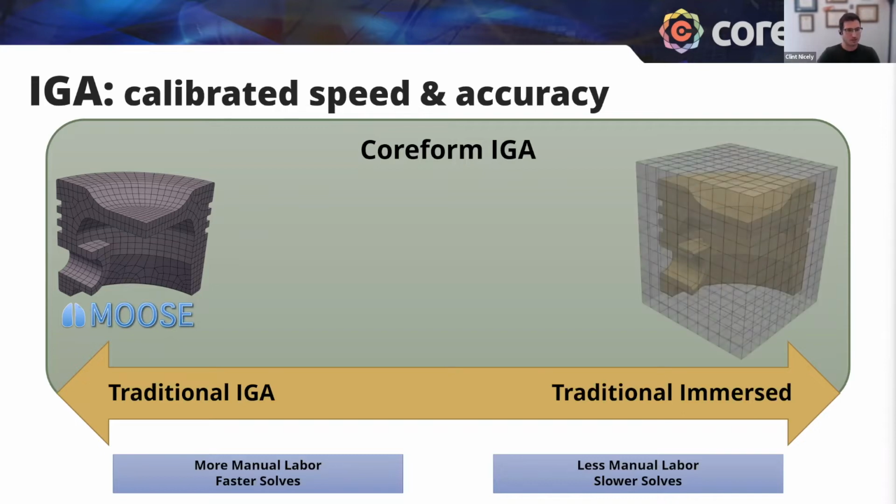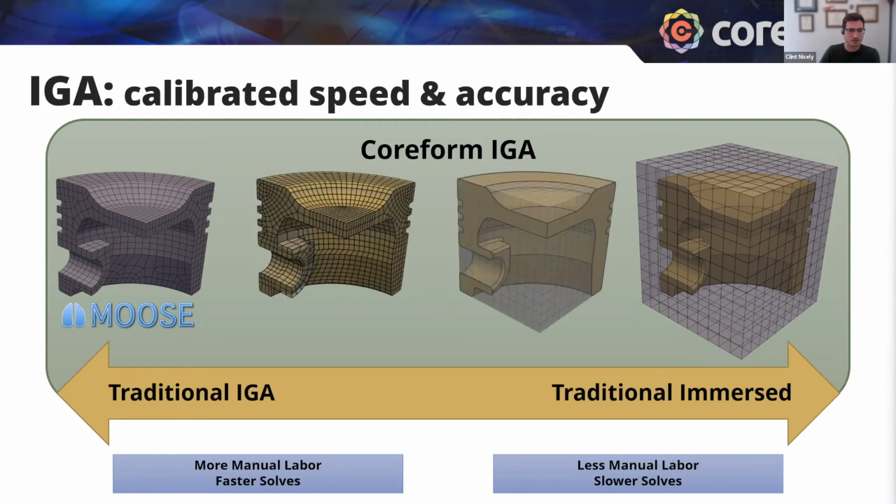Of course, there are additional ways that you can do this as we at Coreform are trying to bring to isogeometric analysis, and that is a traditional immersed approach where your discretized mesh is surrounding your body. And of course, there can be levels all in between as you need it, depending on the level of effort you want to put into building your mesh.